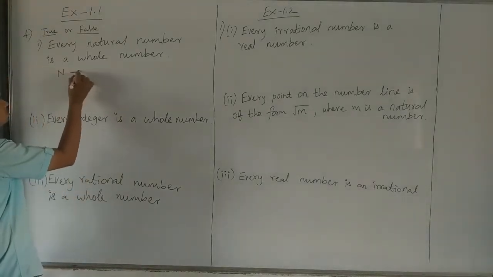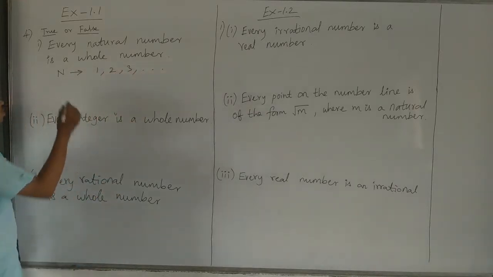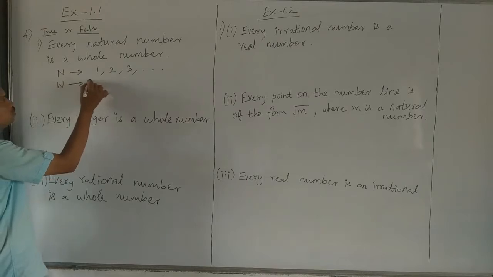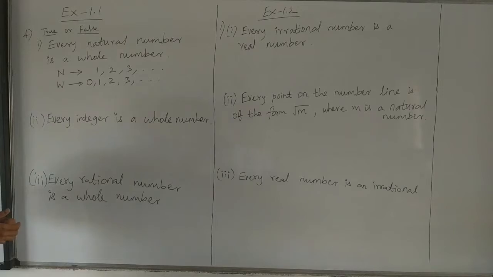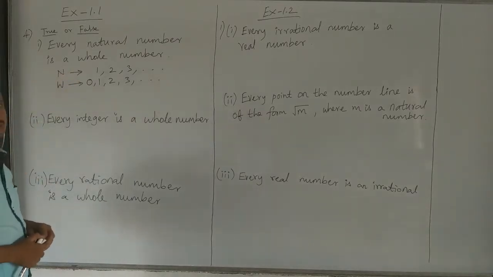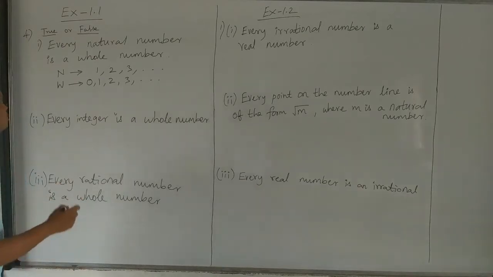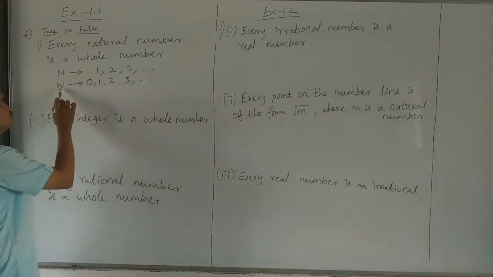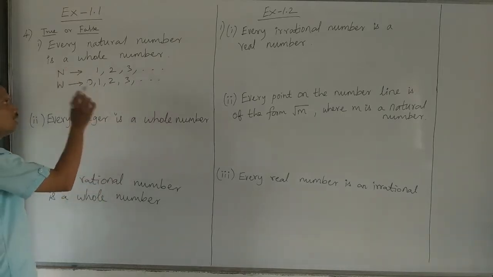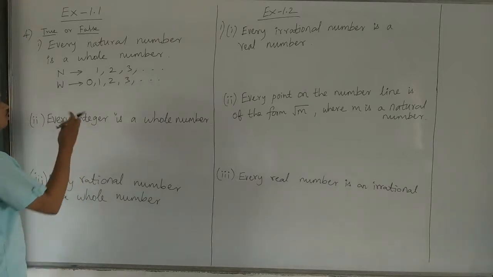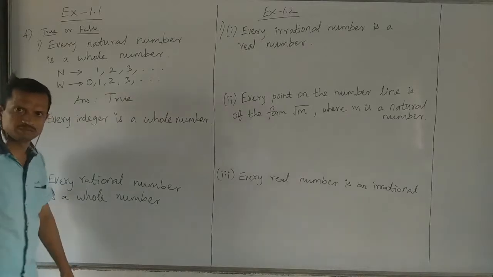Natural number means 1, 2, 3, etc., counting numbers, whereas whole number means 0, 1, 2, 3, etc. Comparing these, natural number is 1, 2, 3, and whole numbers also have 1, 2, 3. So every natural number is a whole number. The answer is true. Can you understand? Okay.